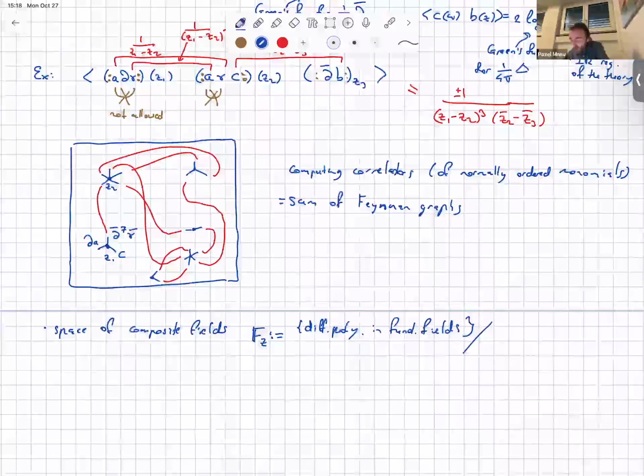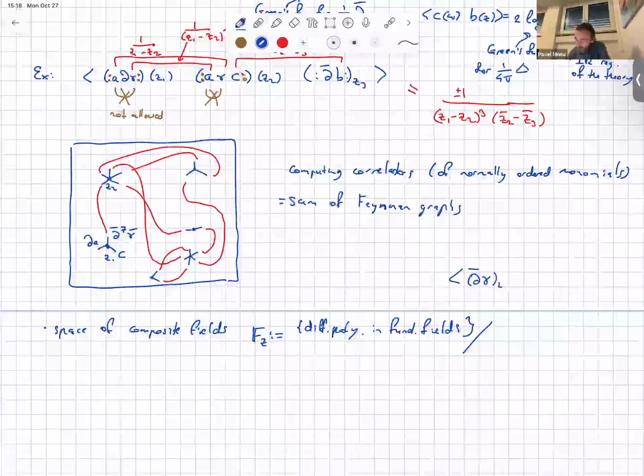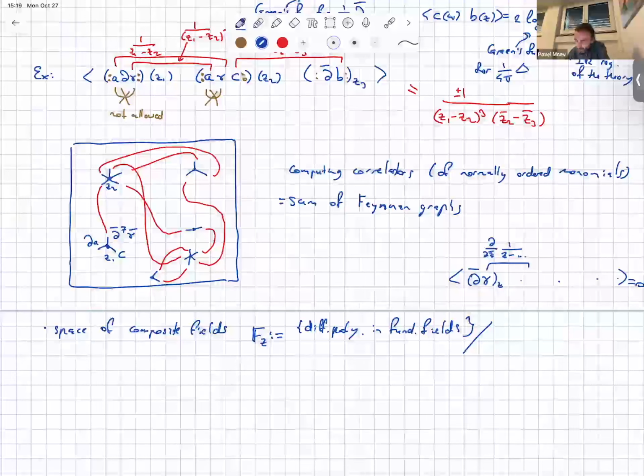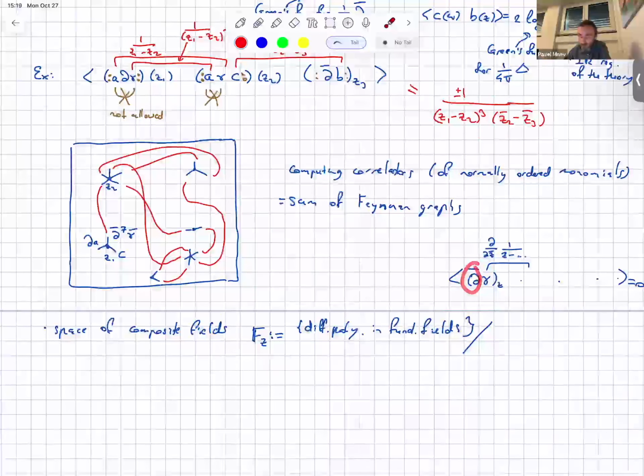But then I can also quotient out things which have vanishing correlators with everything else. So for instance, something like del bar gamma, if I put it at some point, and then I put some other fields at some other point, then it will always be 0. Ultimately, because gamma will talk by a propagator to something, and so there will be 1 over z minus some other position distinct from z, and then I will hit it with a derivative in z bar because of this del bar here, which is 0.